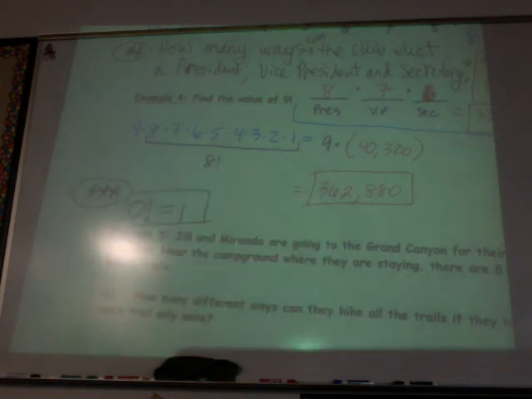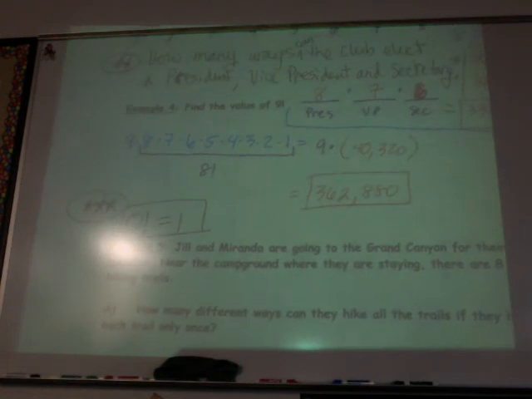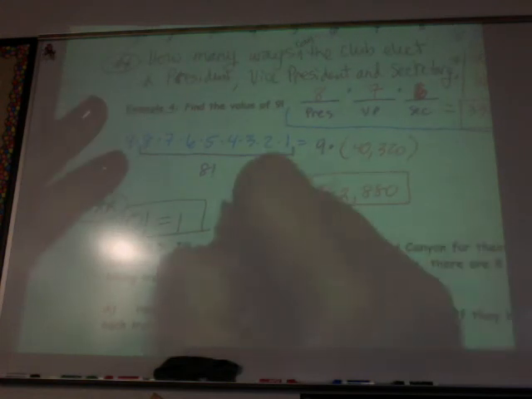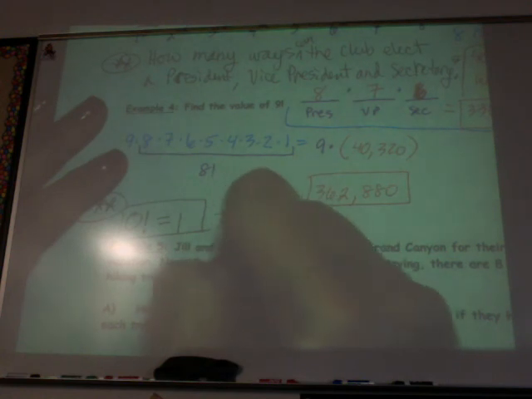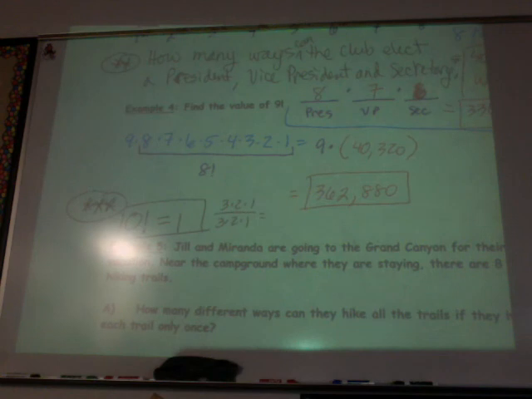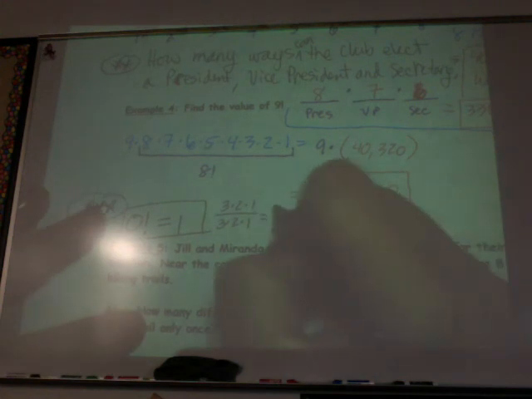It is 1 because let's just use a simple factorial. I'll just use 3 factorial, for instance. If I had 3 factorial divided by 3 factorial, what's anything divided by itself? 1, okay? But that would be 3 factorial over 3 factorial.